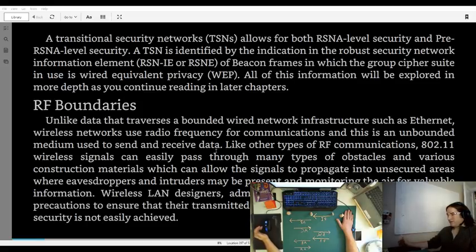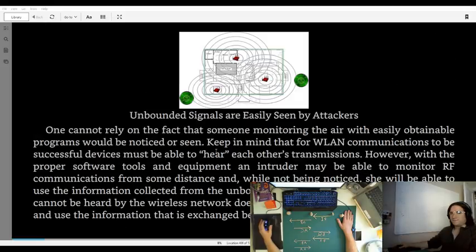Wireless LAN designers, administrators, and users must take special precautions to ensure that their transmitted data remains private, because physical RF security is not easily achieved.